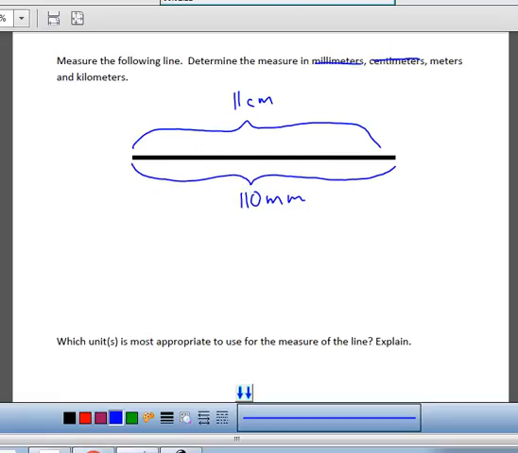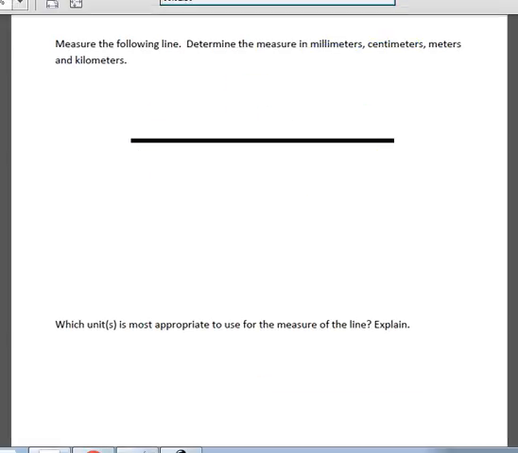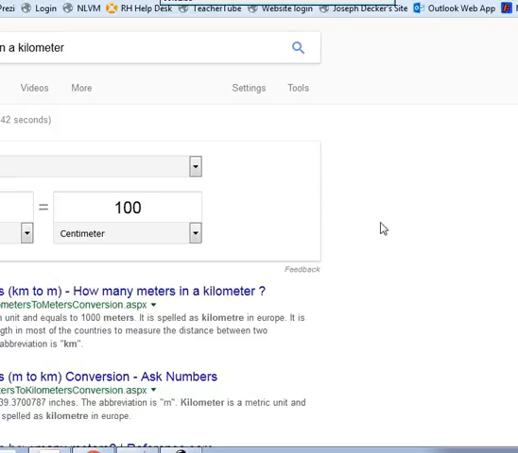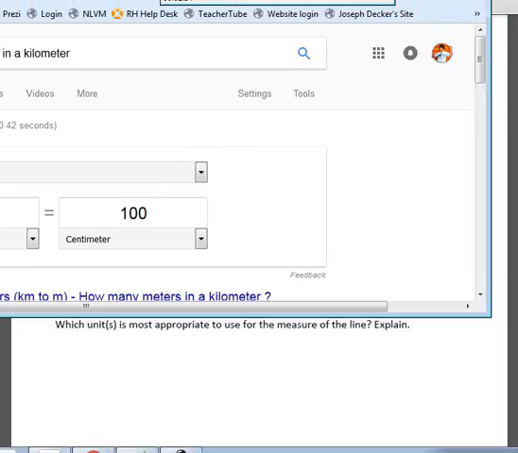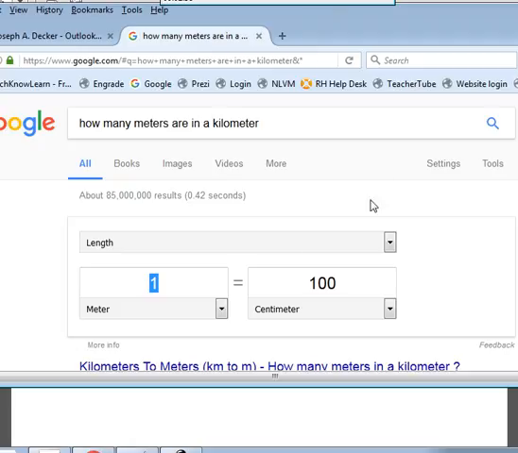So, what I'm going to do is display something for you. I Googled how many meters are in a kilometer, and actually you might not be able to see all of this, so let me see if I can fix it. Put it in the middle. There we go.